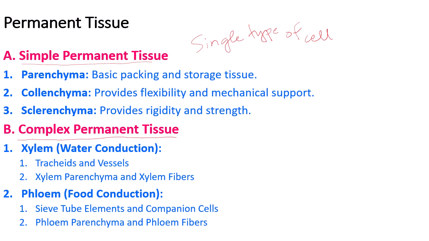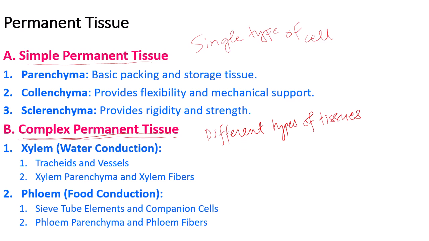On the other hand, the complex permanent tissues are complex. The name complex is given because they are made up of different types of tissues, because of which the word complex is used.